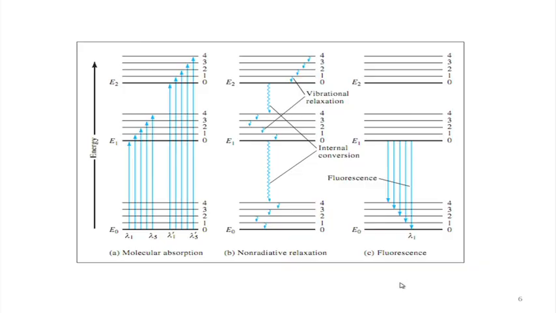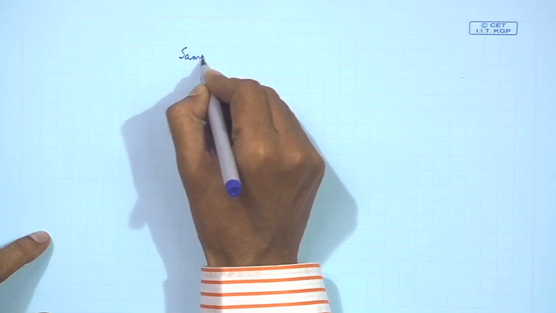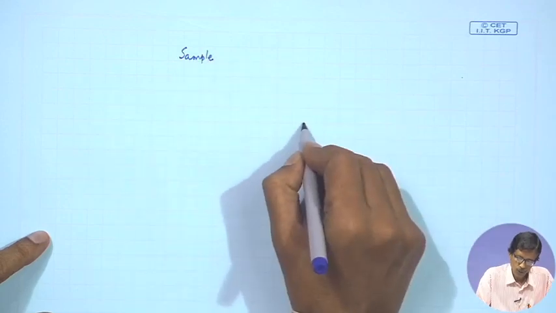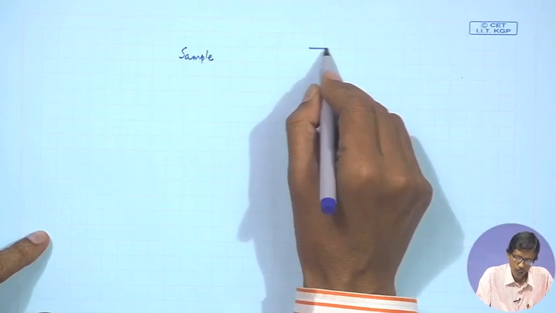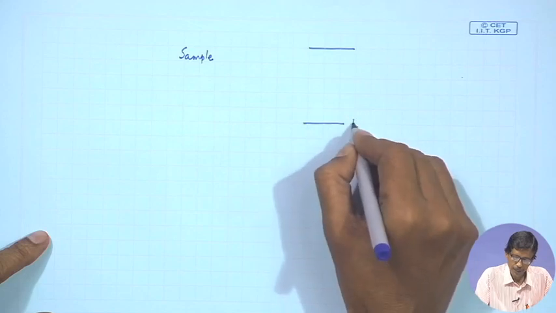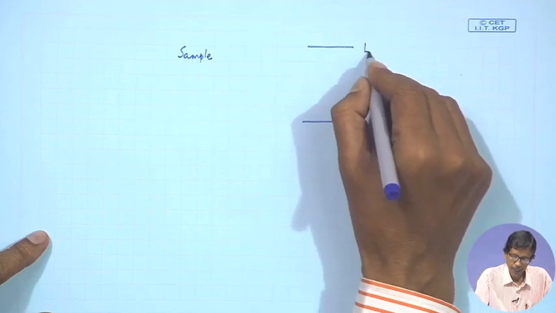So, we will consider the different levels and how these different levels will be useful, and we will be talking about the corresponding values. That means you have the sample, and we talk in terms of two electronic energy levels, E1 and E2.